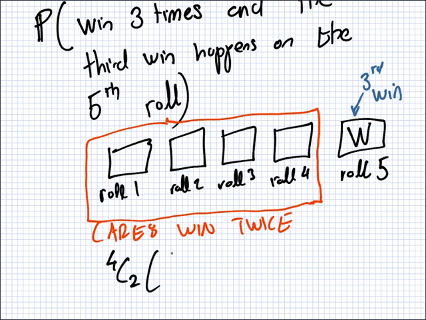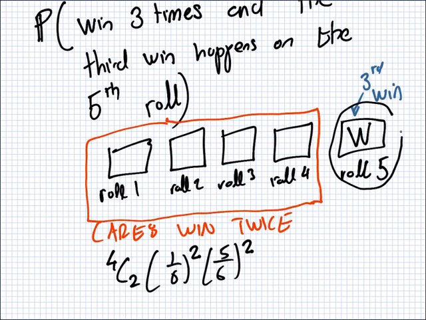4C2, (1/6) squared, (5/6) squared. Now, what about this go? How do we deal with this? Yeah, but how do I combine that with this? No. Times. Because there's an and here. So, times 1/6.